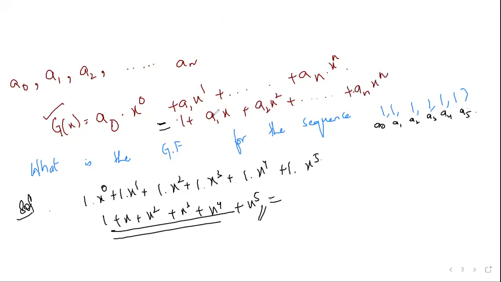Now instead of this, what can I write it as? I can write it as the sum over k equal to 0 to infinity of ak x power k. Now I am taking this and solving it on the next page.